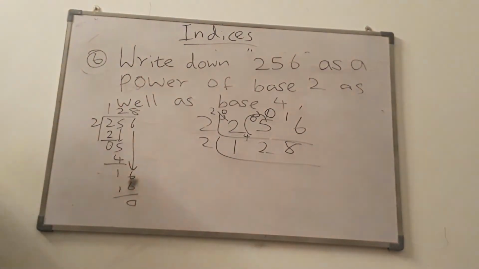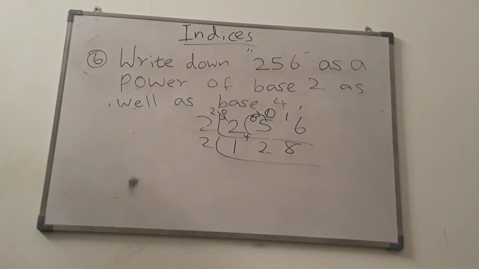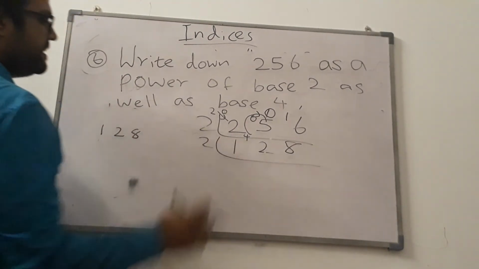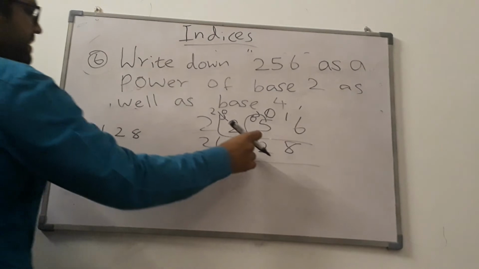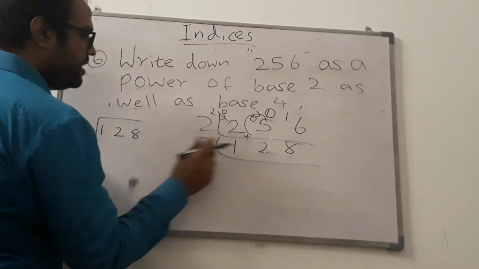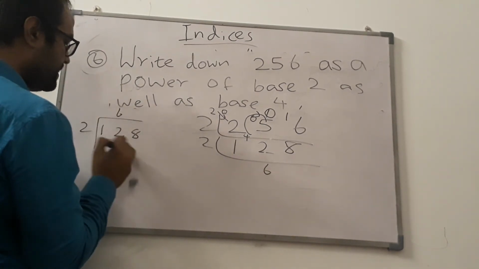Now we will divide 128 by 2. There's no 2 in 1, so I take 1 and 2 together as 12. 12 means 6 2's. 6 times 2 is 12. The gap is 0.